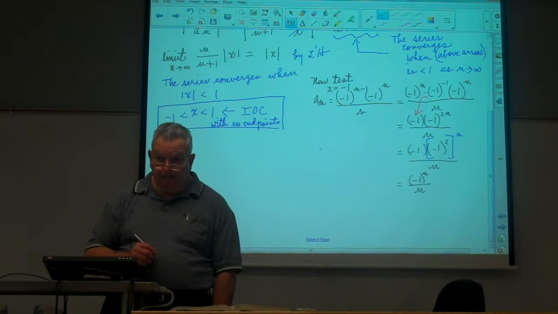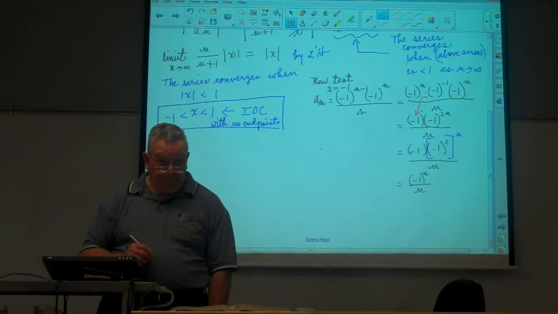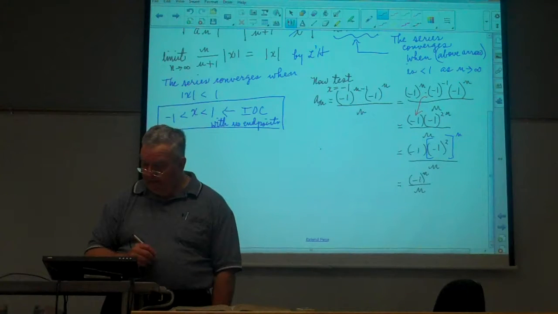And the answer is? Converges. It's an alternating series. It converges conditionally. It converges conditionally, but it doesn't converge absolutely, huh? Is that right?